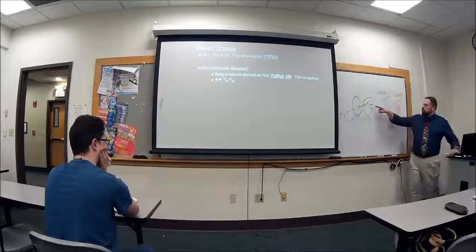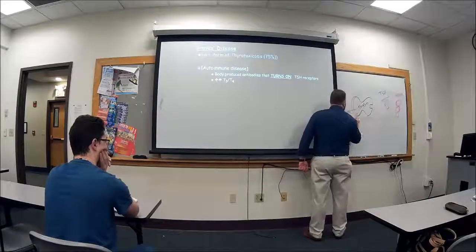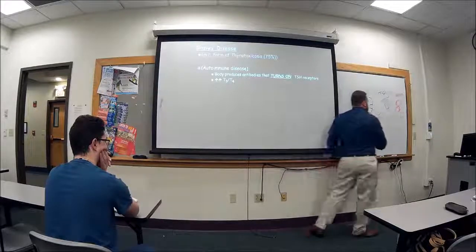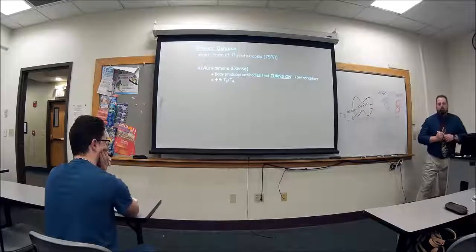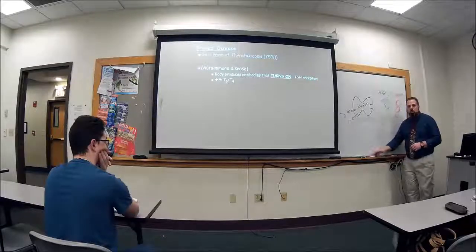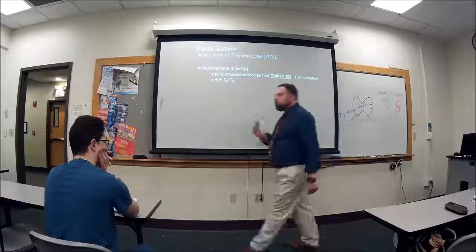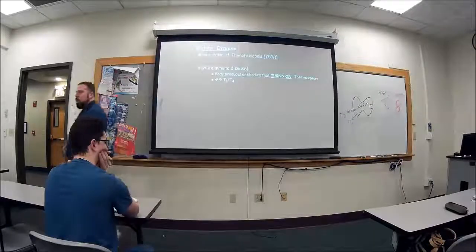When this goes in there, this is going to spit out a lot of T3 and T4. So this is an autoimmune antibody that turns on the thyroid. It's an imposter. Does that make sense? Okay? So that's what's going on with this, and we'll talk a little more when we deal with thyroid function tests. So this is going to make a lot of T3 and T4 come out.